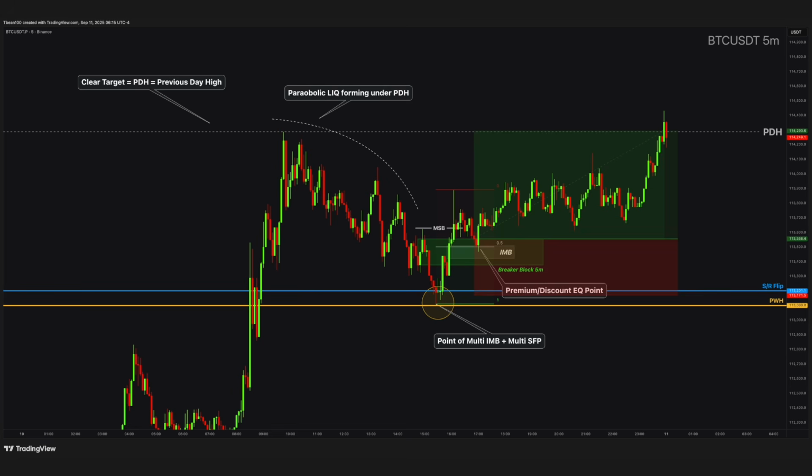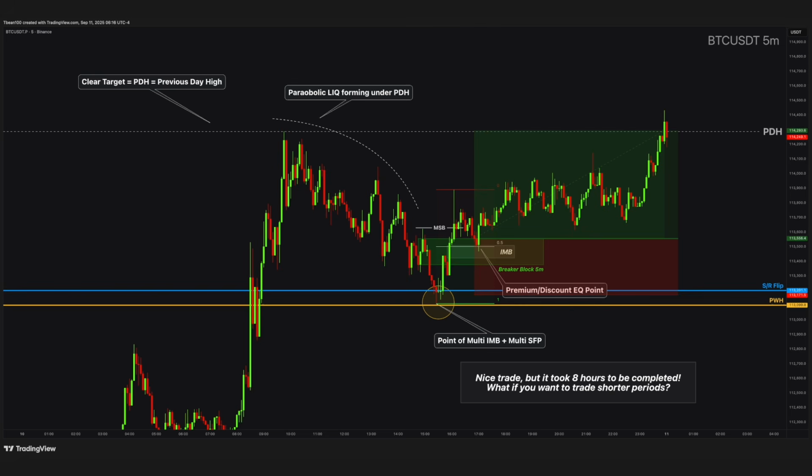However, there is one issue with this trade, and it is something one of my students actually asked me about. If you look at the chart below, you will notice this trade took nearly 8 to 9 hours to fully play out. Now, as a day trader, it is perfectly fine to take just one solid trade per day because it is day trading.